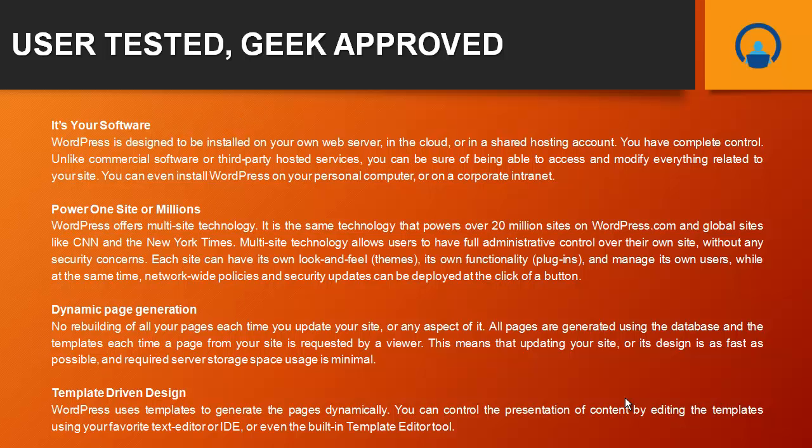Power one site or millions. WordPress offers multi-site technology. It is the same technology that powers over 20 million sites on WordPress.com and global sites like CNN and the New York Times.